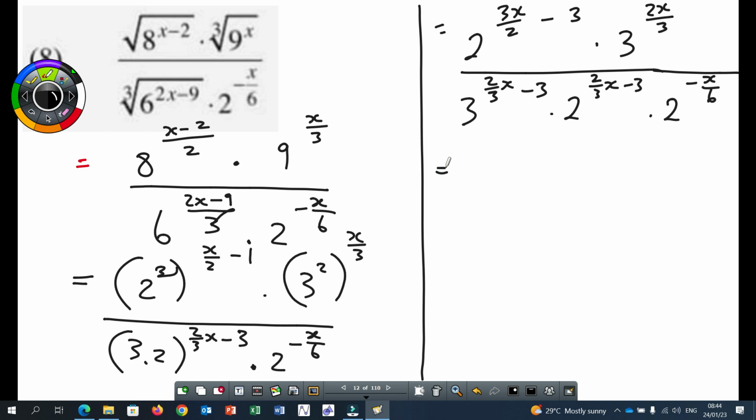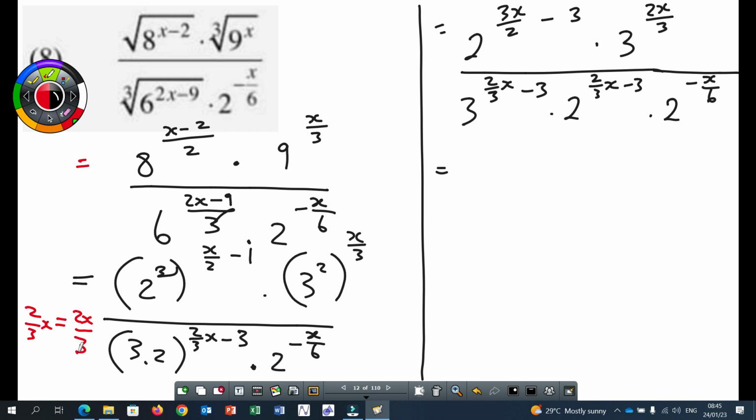Please be aware that sometimes when you see me writing, this is important for you to know. If I write 2 over 3 times x, please be aware that this is the same as 2x over 3.